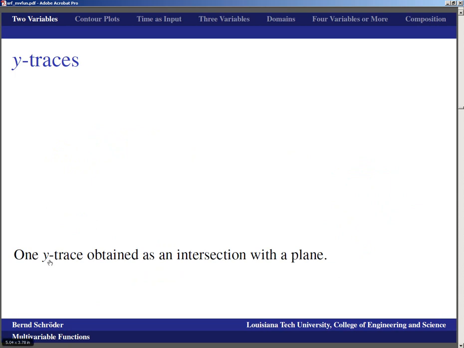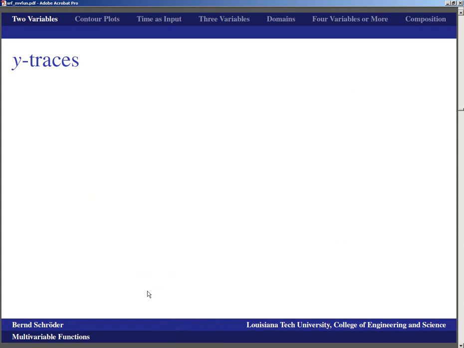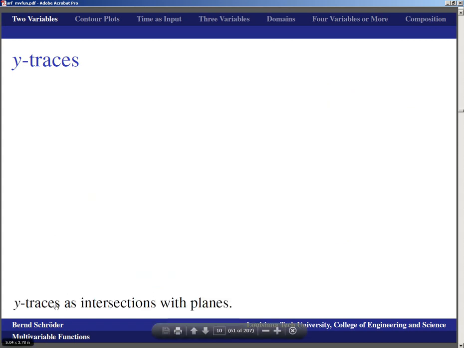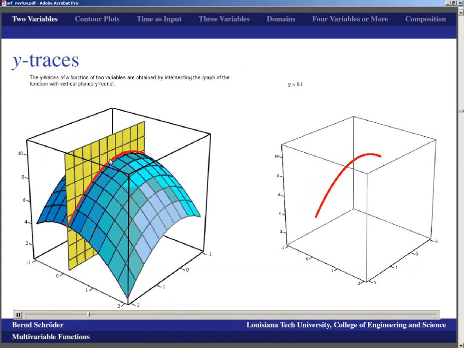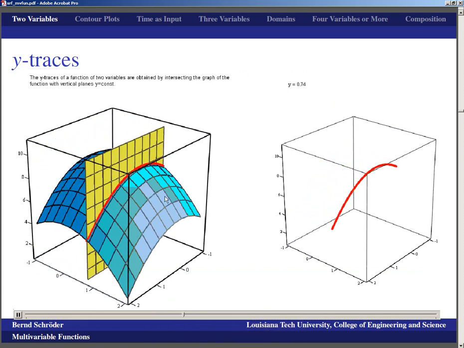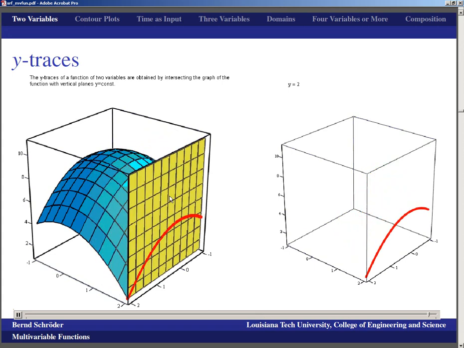Once we've got that, y traces, of course, are very similar. Y traces are just intersections with vertical planes that come at us in the x direction. And again, we get the intersection and we get the trace. And if we want to go to this CAT scan idea, well, we just have a plane that moves along the y-axis, a plane y equals constant.